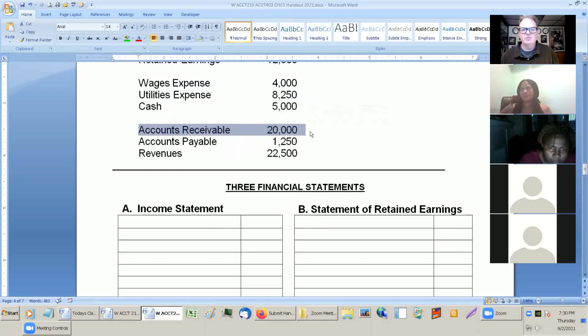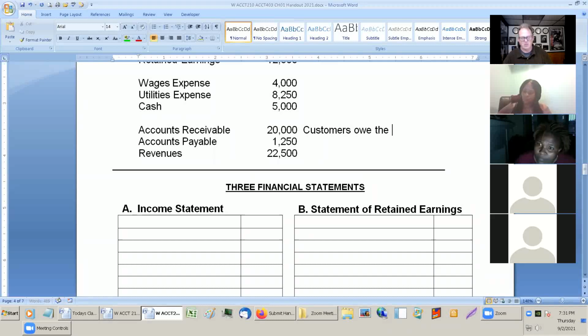Accounts receivable. One more time. So accounts receivable is when customers owe us money. That's an asset. Yeah, this will be an asset.